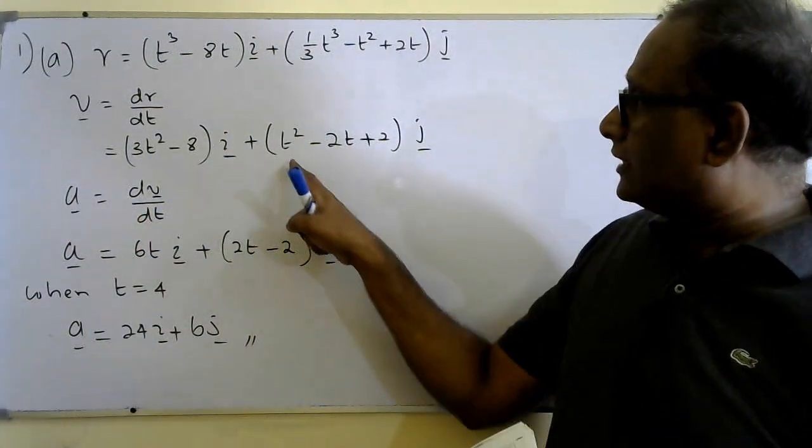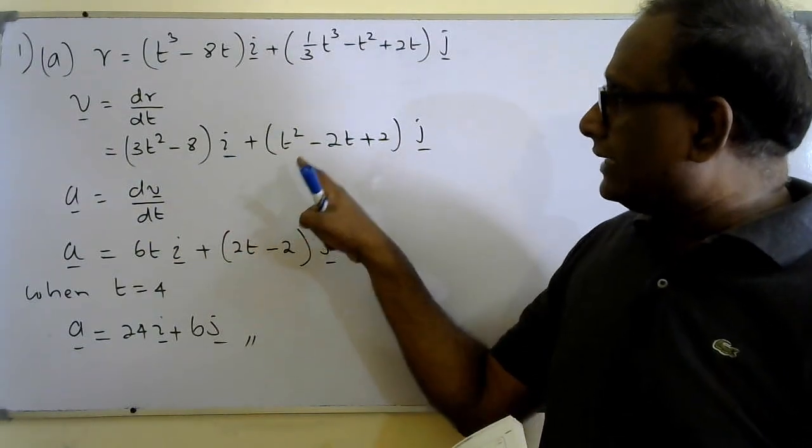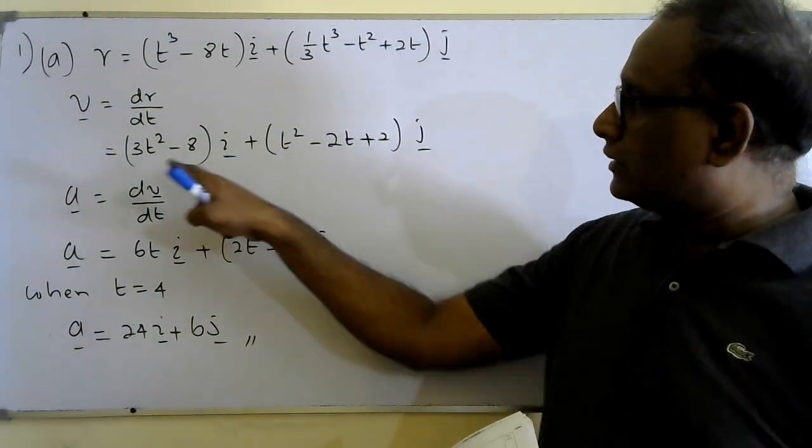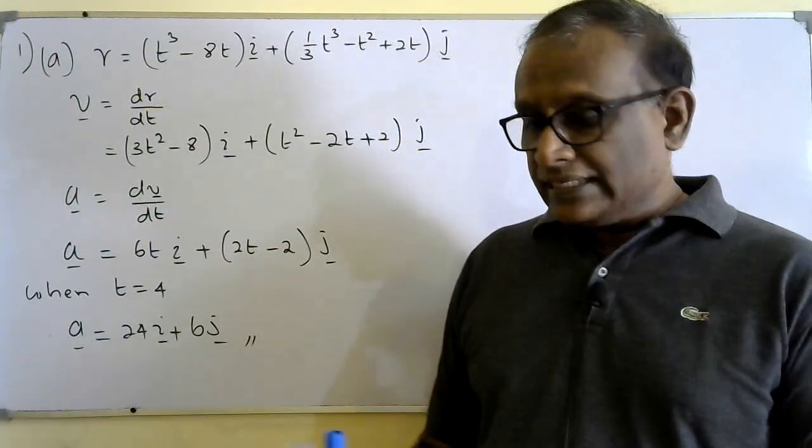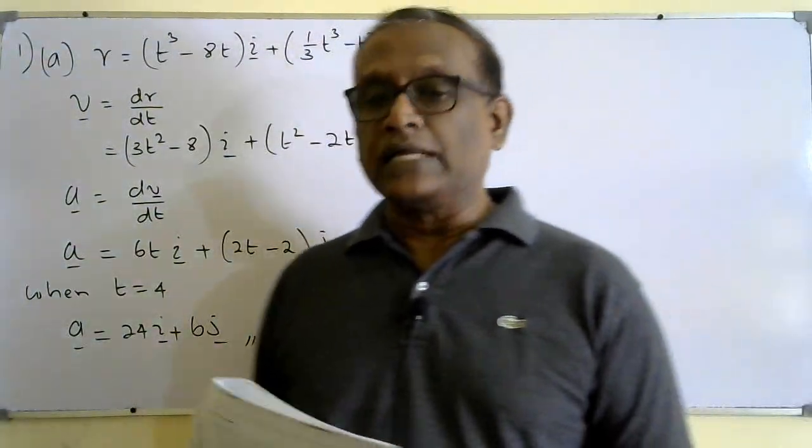So by using the velocity vector, we can find its direction. Yes, tan inverse this over this. Tan inverse of t squared minus 2t plus 2 over 3t squared minus 8 is the direction, right? But they are giving the directional vector, which is 2i plus j.